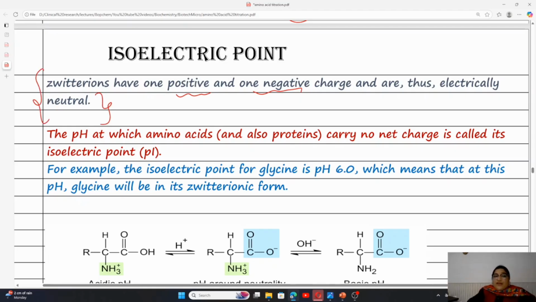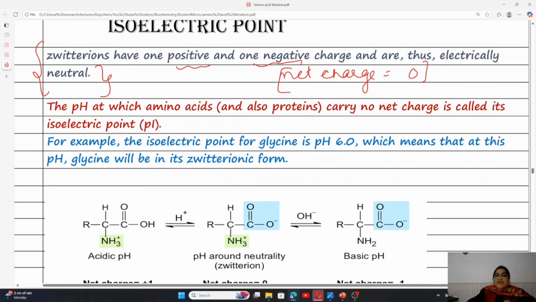I told you that whenever an electric field is applied, since they are carrying no charge, the net charge is zero. When the net charge is zero, the amino acid will not move when an electric field is applied.